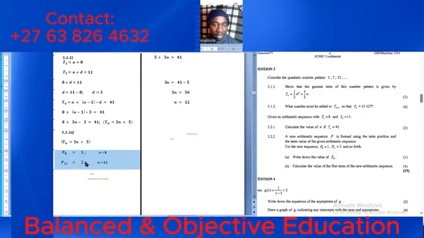So you can see here that this is P8, that is the 8th term, equals 1. How you solve this is, if you substitute 8 in place of Tn, you will get an n value of 1. If you substitute 11 in place of Tn, you will get an n value of 2.